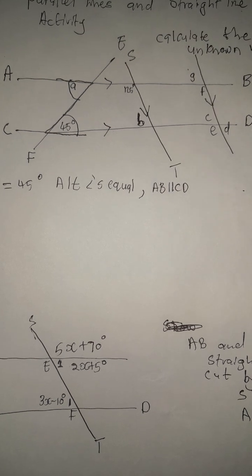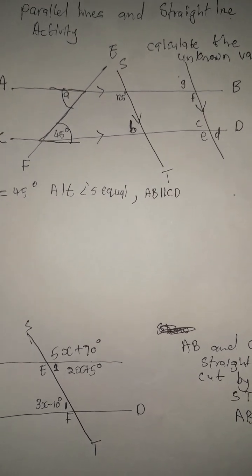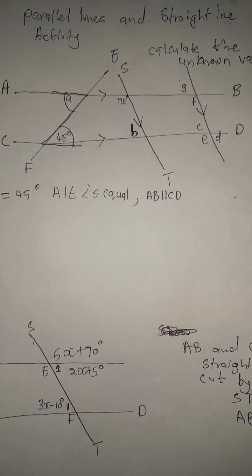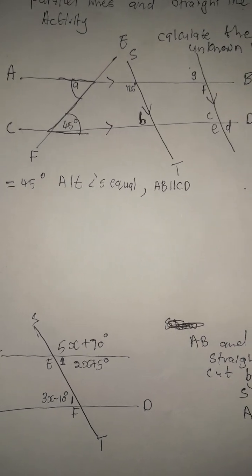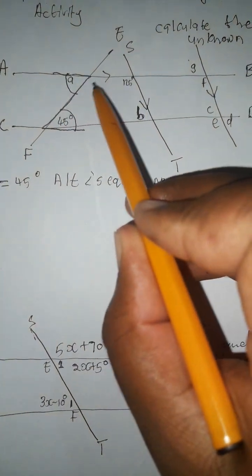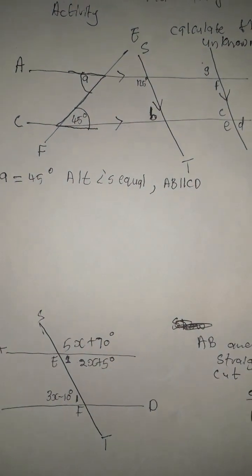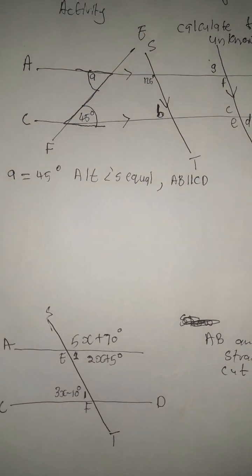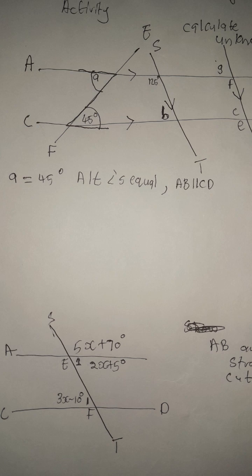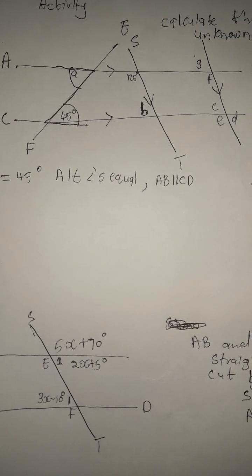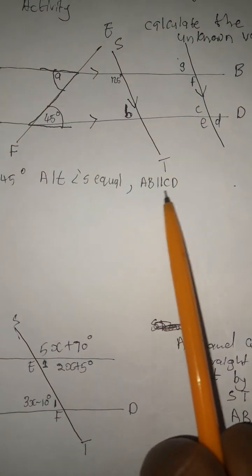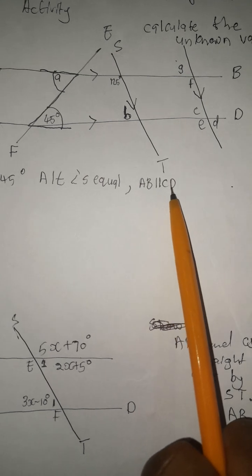F for corresponding, U for co-interior, Z or N for alternate angles. In this case, we have N or Z. When you turn it, you can see that this forms N or Z, right? So in other words, A is equal to 45 degrees, because alternate angles are equal. So you then put the parallel lines AB, which is parallel to CD.